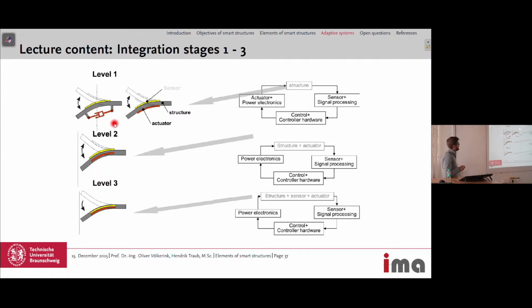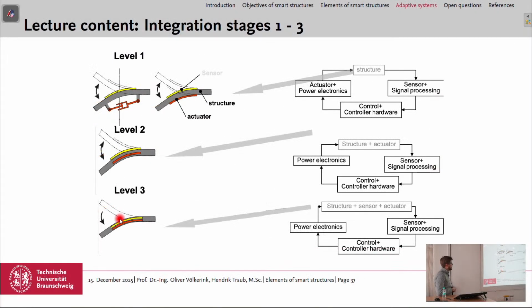Level 2 is the sensor, for example, applied and the actuator integrated. So one part integrated, one part applied. And level 3 is both sensor and actuator integrated.